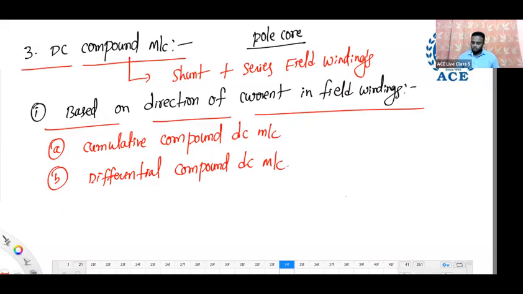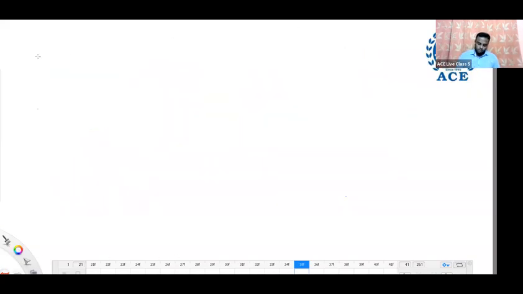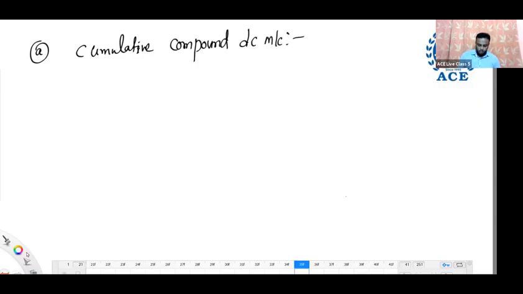Cumulative compound DC machine, first one. Cumulative compound means additive.